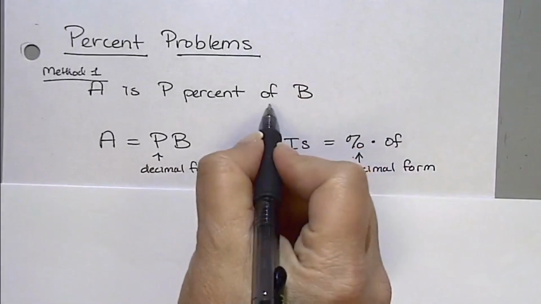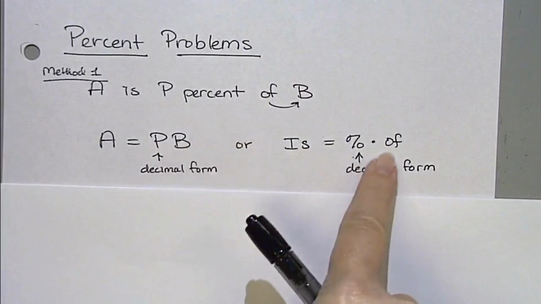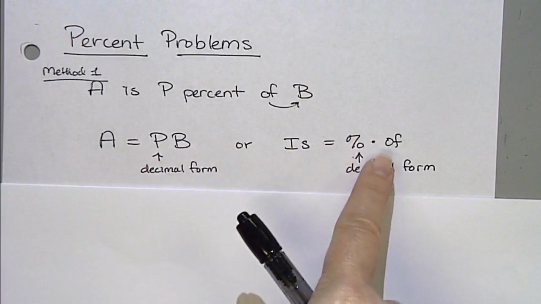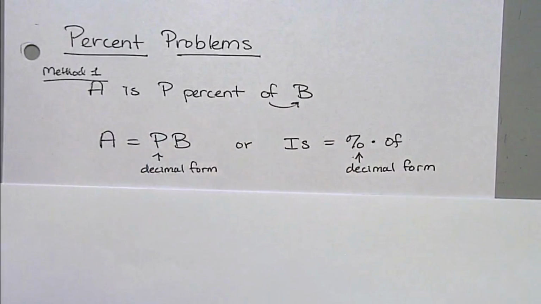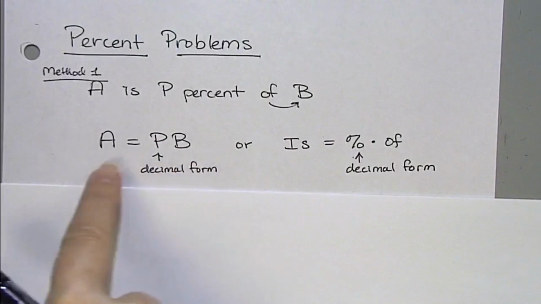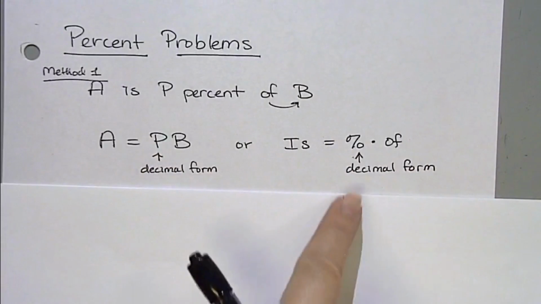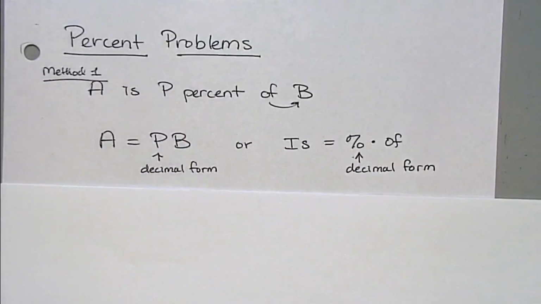And notice that right after the word of is the B. Always after the word of is that number, B. And then the is the other number in the problem, the A. However you want to remember it, A equals PB or is equals percent times the of. But for this formula, you need to change the percent to a decimal number. So you have to convert that to a decimal.